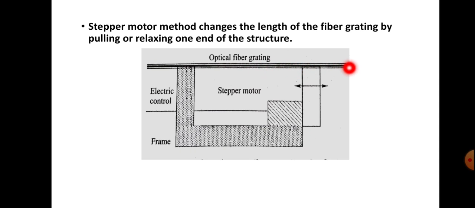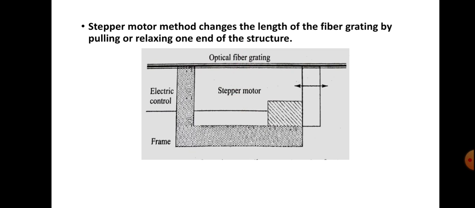When it is pulling to this side, the grating spacing will be increased. When pulling is to the other side, the spacing of the grating will be reduced. Based on that, the wavelength selection will be changed. So we are tuning this optical fiber grating by using the stepper motor. That means it will be tuned for a particular wavelength by using this structure.